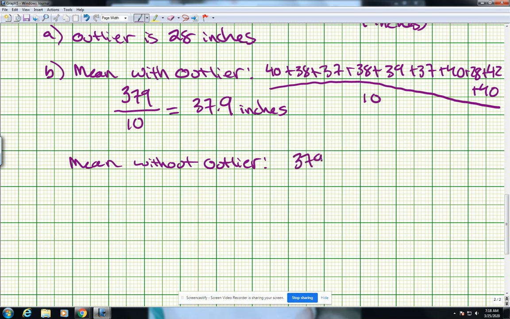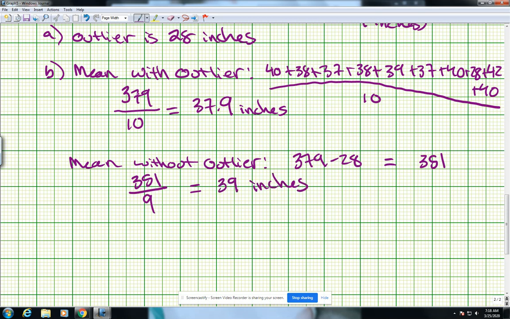So if we did 379 take away the 28, that ends up giving us 351. Okay, so if we add them all together without the 28, we would have 351 total inches. And now this time, we don't have 10 on the bottom anymore because there's not 10 values anymore. We took away this one right here. So instead of 10 values, we have to divide by 9 values. So when we divide by 9 values, we end up with 39 inches.